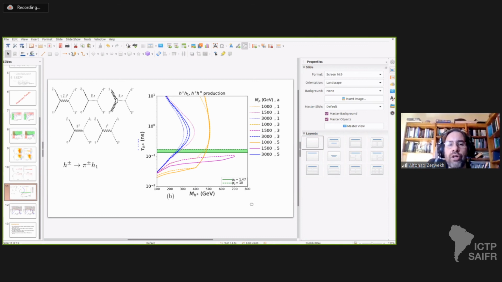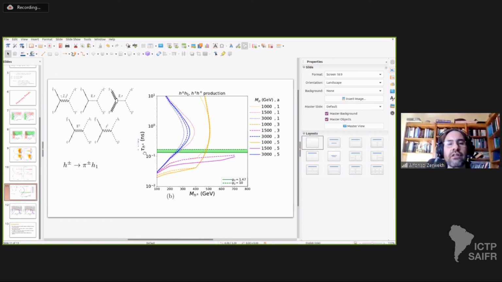Here we have a plot which shows you the lifetime and the mass of the charged partners, and everything which is on the left of the lines is excluded or may be excluded by the LHC.